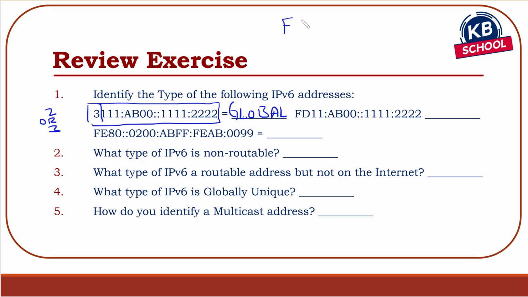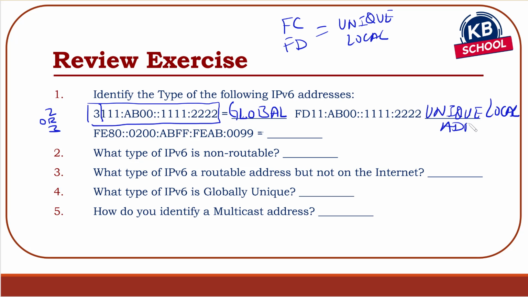FC or FD are your unique local addresses. So this would be your unique local address, the private address. FE80, FE8 represents the link local address.